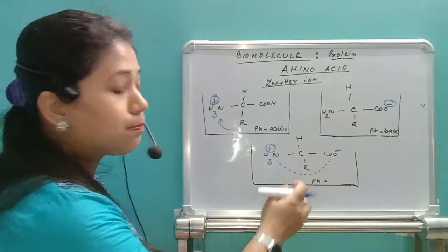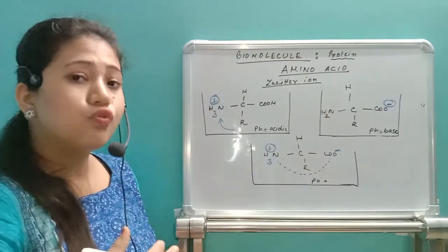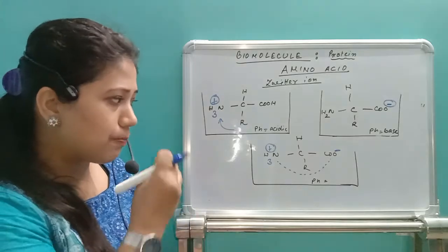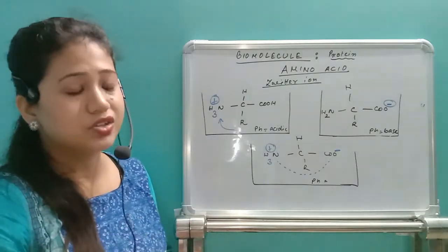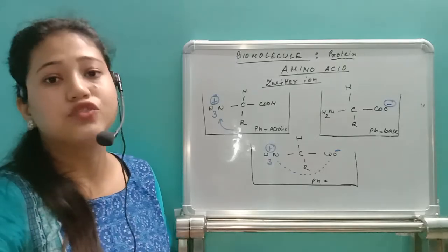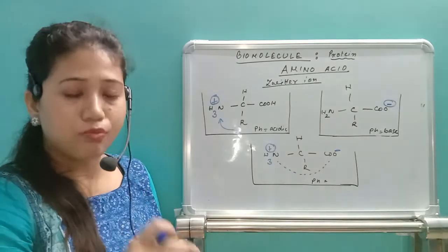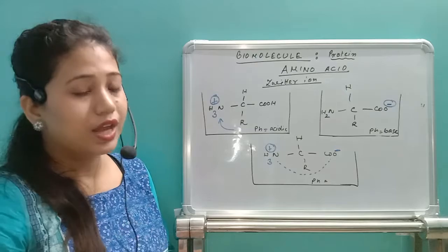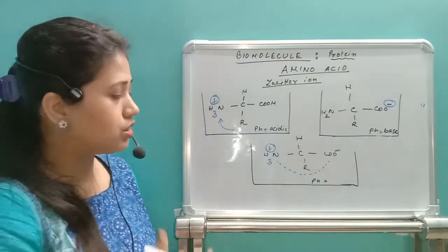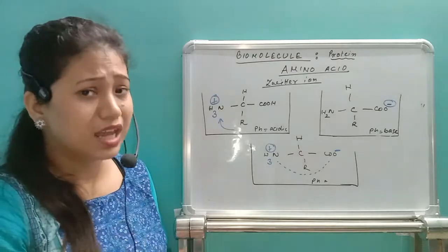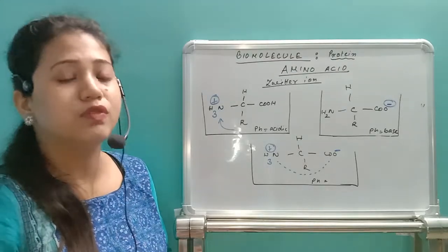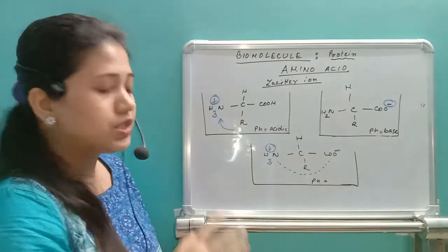And that specific pH at which the compound develops the positive as well as negative charge will be called the isoelectric point. At a specific pH, when a compound develops both the positive as well as negative charge in the same compound, then this will be called the Zwitter ion.